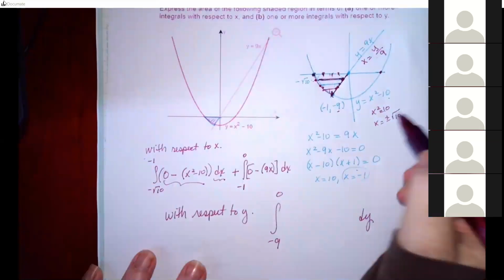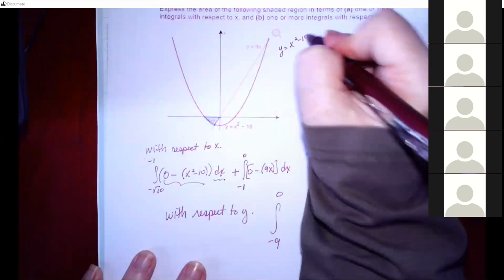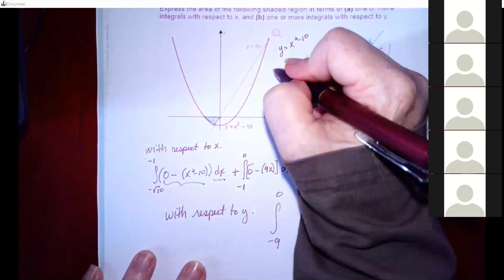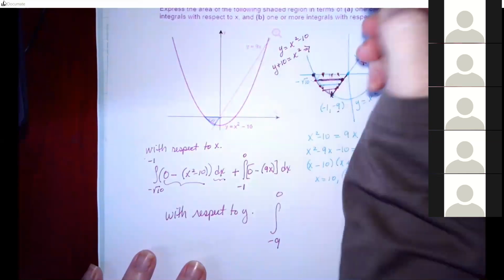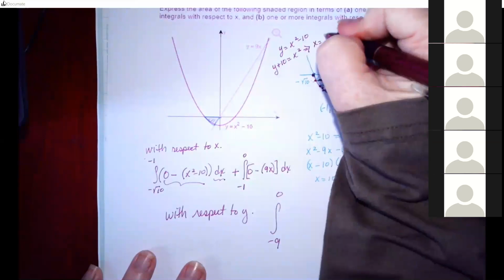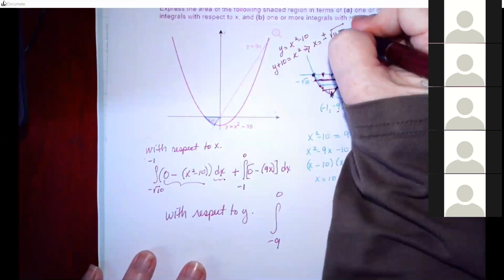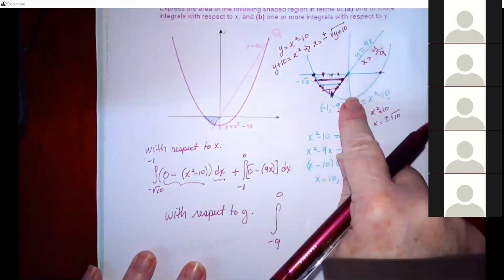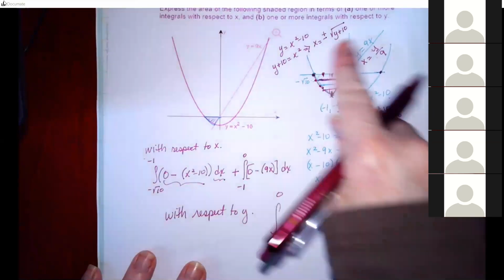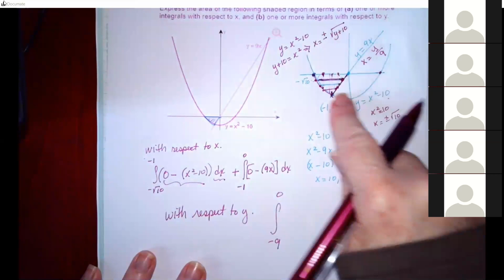And this y equals x squared minus 10. If we solve that for x, that's y plus 10 is equal to x squared. So x will be either plus or minus the square root of y plus 10. Now, which one do we have? x is positive to the right of the y-axis. It's negative to the left of the y-axis.